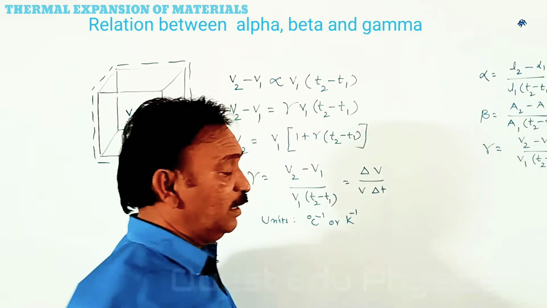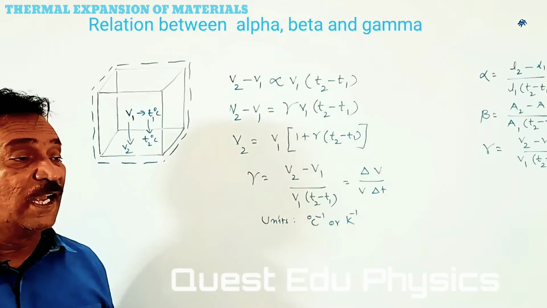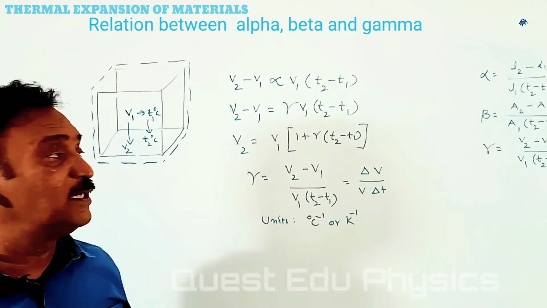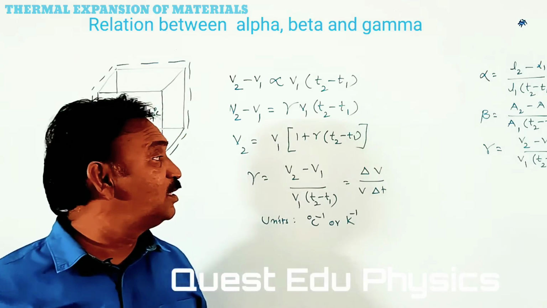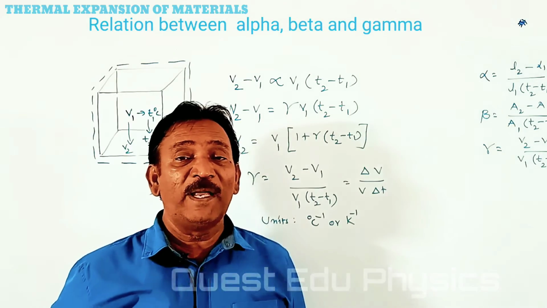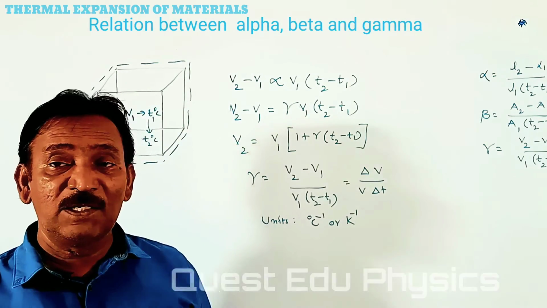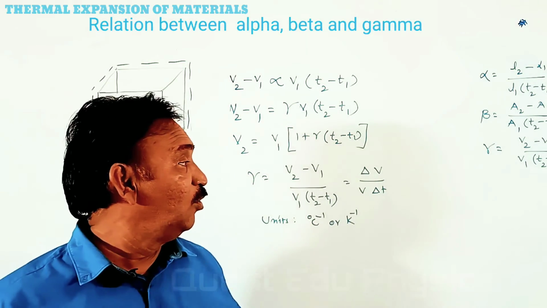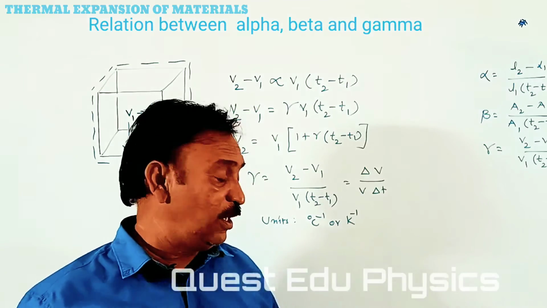These are the three different types of expansion, students, in case of solids. And alpha is L2 minus L1 by L1 into T2 minus T1. Beta is equal to A2 minus A1 by A1 into T2 minus T1. And also gamma is equal to V2 minus V1 by V1 into T2 minus T1.